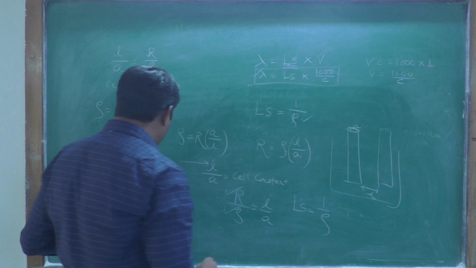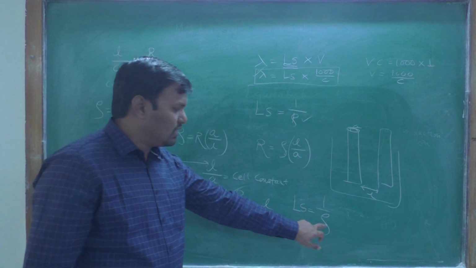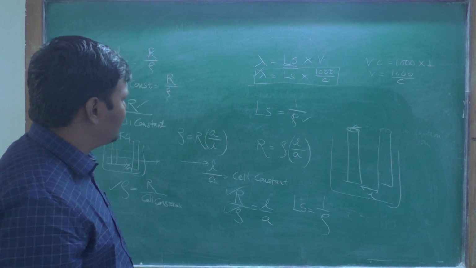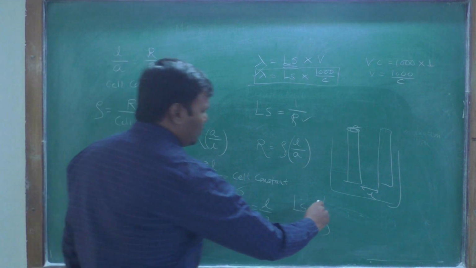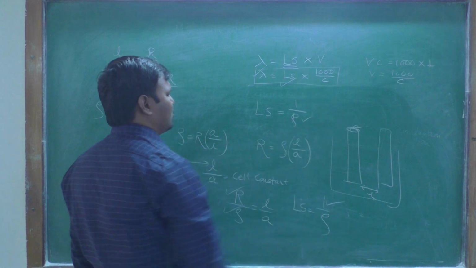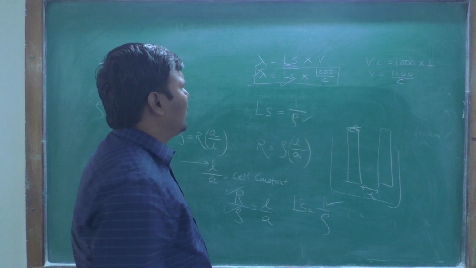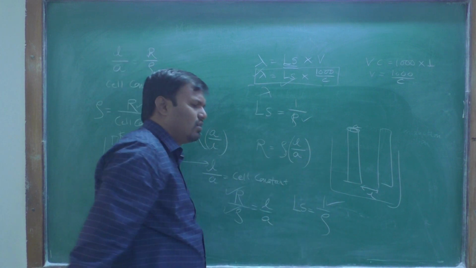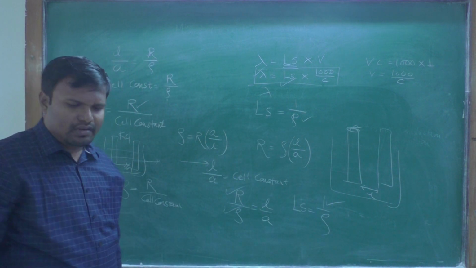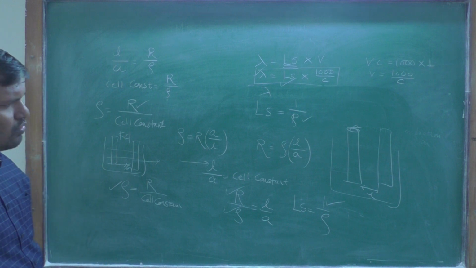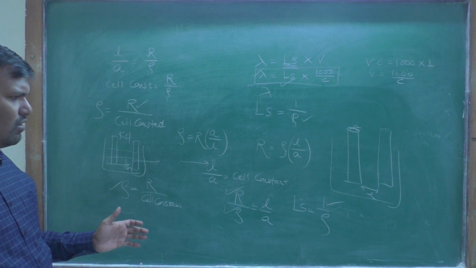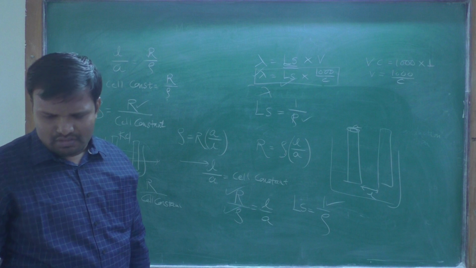Putting this Ls in the equation, with the concentration known, we can find the equivalent conductance. That is the method we use to find the equivalent conductance.